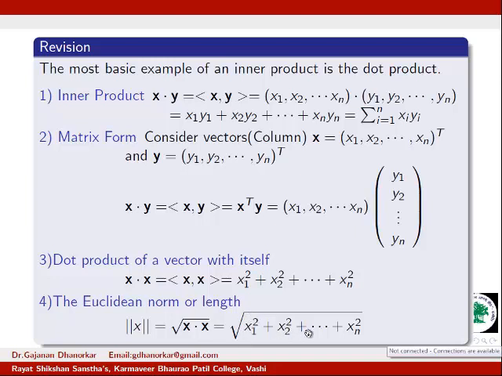This is in 3D, but we are taking all these elements from Euclidean space, so we are talking about the norm, and this is called the Euclidean norm. The Euclidean norm of this vector x is under root of x bar dot x bar, the inner product, which is nothing but x1 square plus x2 square plus all the way to xn square. This is only a generalization of our dot product in R^n space.